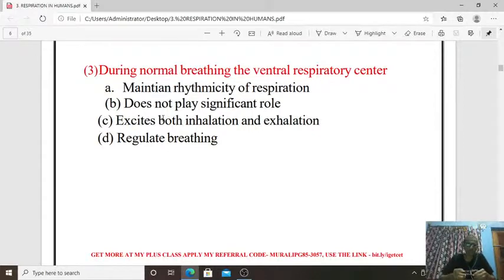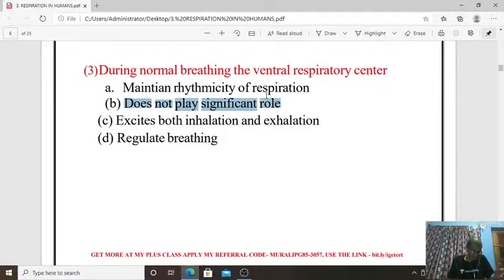So the third question, during normal breathing, what will the ventral respiratory center do? In the first question I asked during the rapid breathing, isn't it? Here in the normal breathing rate, in the normal condition, what about the function of ventral respiratory center of the brain? It does not play a significant role.